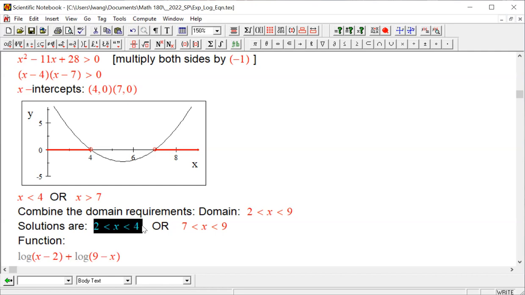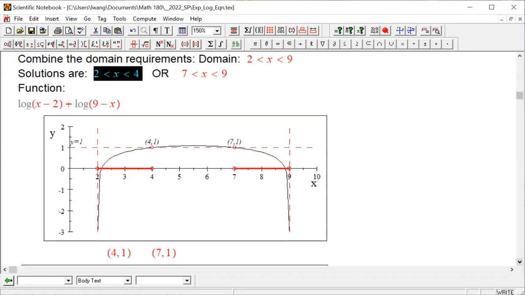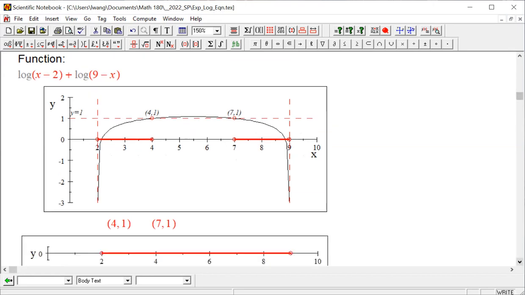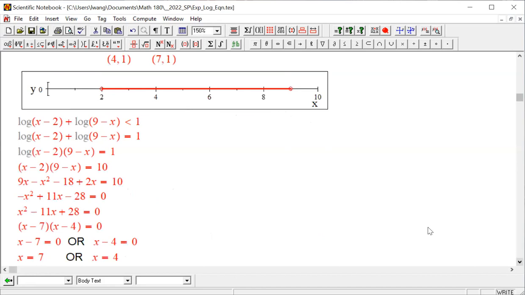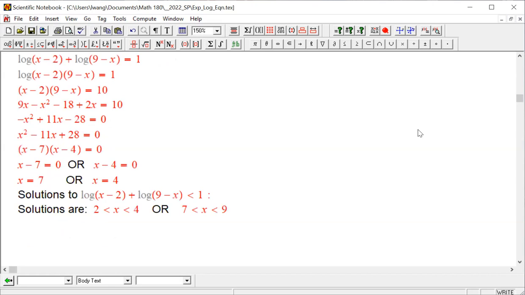So that's why this piece is bounded by 2 and 4. So here it cannot exceed 9 or equal to 9. So on this part, it's going to be between 7 to 9. So from this example, you can see the algebraic aspect and the graph, the function aspect can be very, very important indeed. All right.